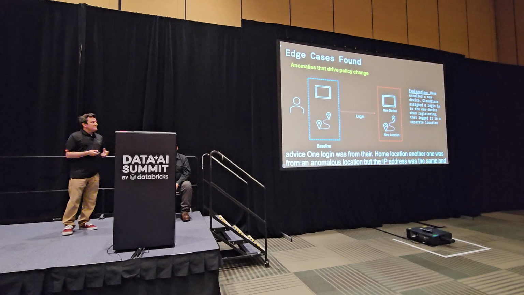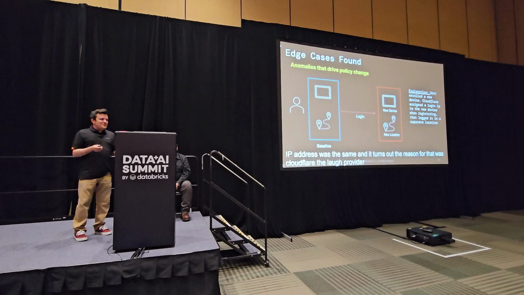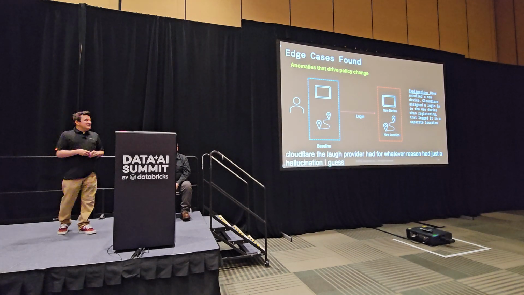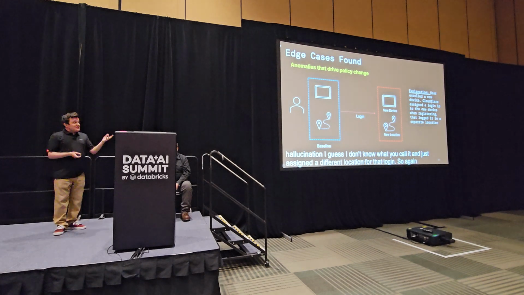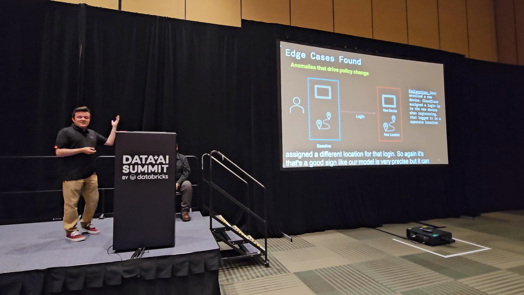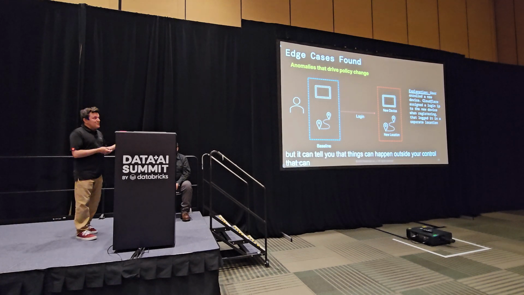It turns out Cloudflare, the WAF provider, for whatever reason had a hallucination, I guess, and assigned a different location for that login. So again, that's a good sign that our model is very precise, but it shows that things can happen outside your control that affect the model's behavior and what it knows, right?